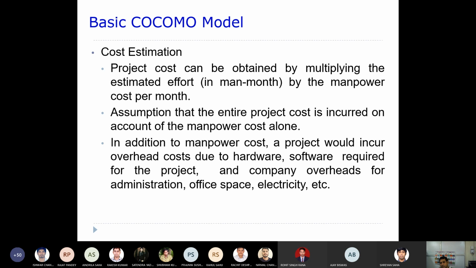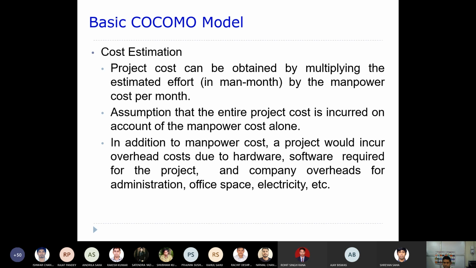Okay, in addition to manpower cost, a project would incur overhead cost due to the hardware and software required for the project, and company overheads. Whenever you are going to develop any software, usually you require office space, you require electricity, you have many other overheads. So those things also need to be considered.